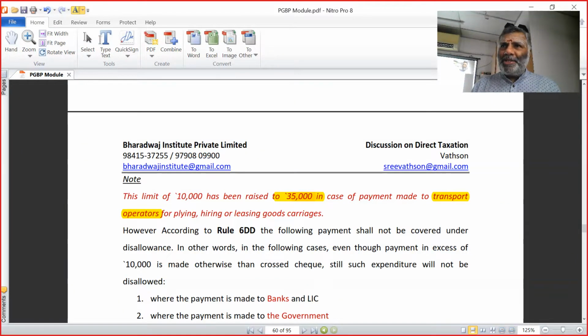All resident transport operators come under section 194C. Single payment exceeding 30,000 is the threshold limit. Cumulative payment exceeding 1 lakh, you need to deduct. If the operator is an individual, 1%, others 2%. This is the law. But a resident transport operator has an exception.